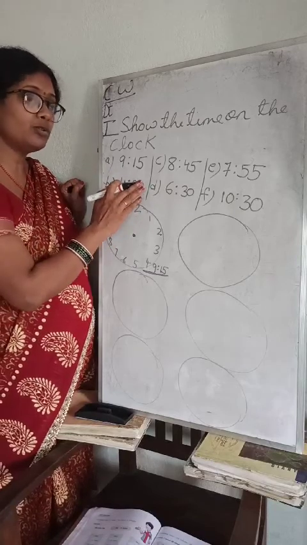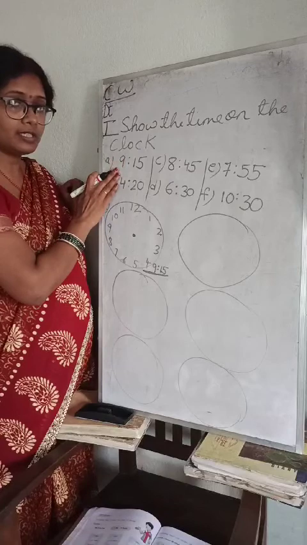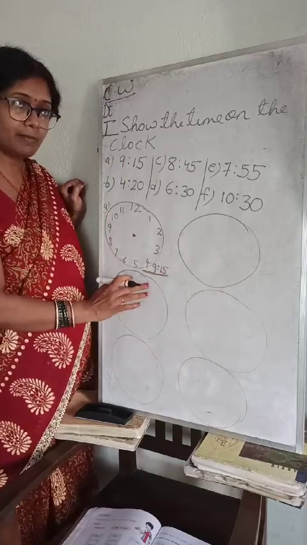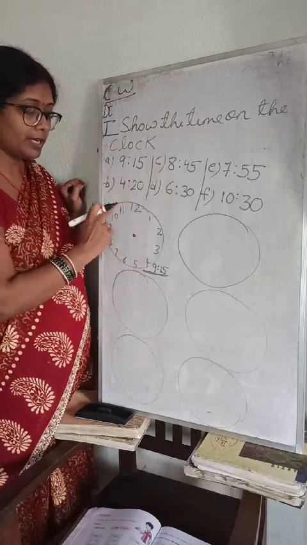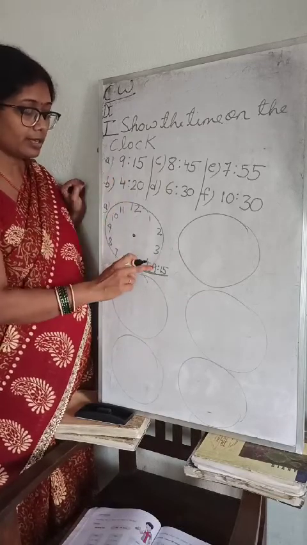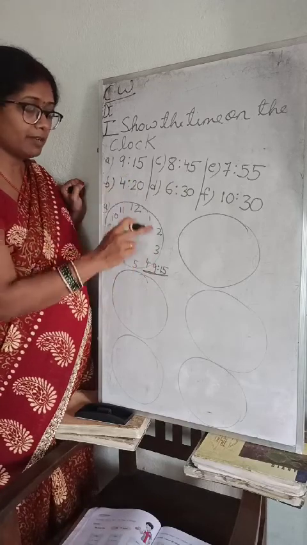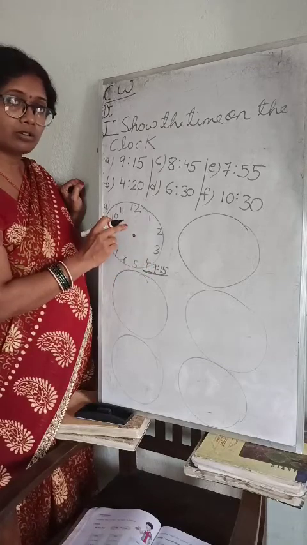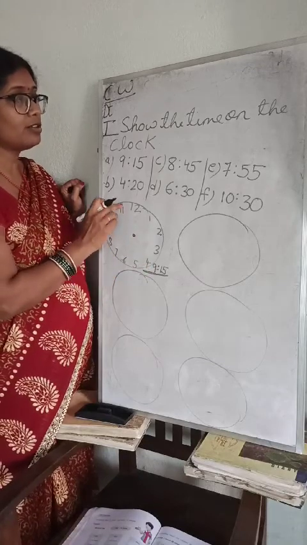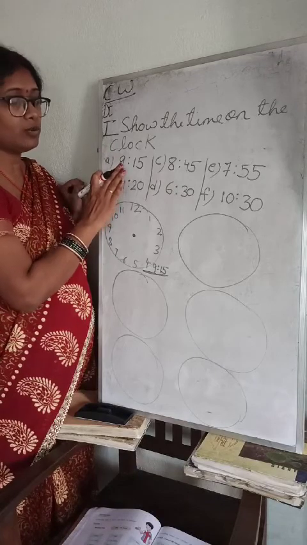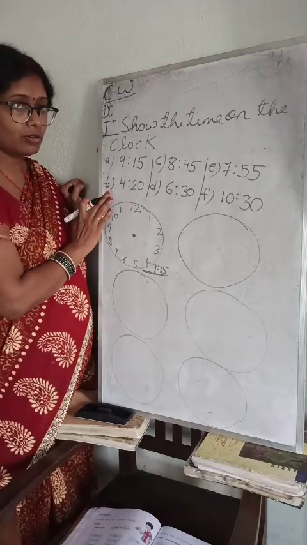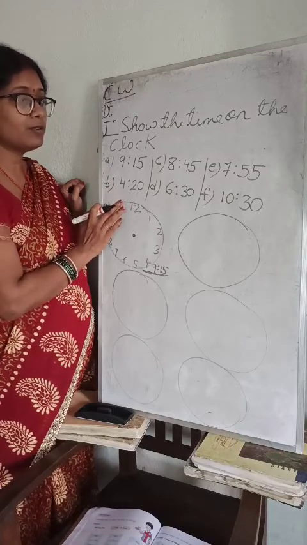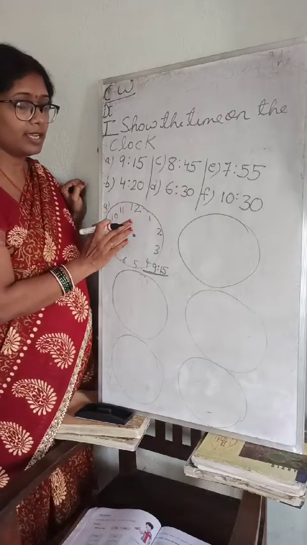Now I want you to show me this time. मैंने टाइम लिख दिया है, मैंने बता भी दिया है क्लॉक बनाकर कि आपको कैसे करना है। आप एक क्लॉक बनाएंगे, उसके नीचे आप इस नंबर को लिखेंगे, जो टाइम है वो टाइम ऑफ नंबर्स में लिखेंगे, and then you will show this time on the clock. Okay, this is what you are going to do now, and you are going to send it to me as your class work. आप इसे करेंगे और मुझे क्लास वर्क के रूप में इसे सेंड करेंगे.